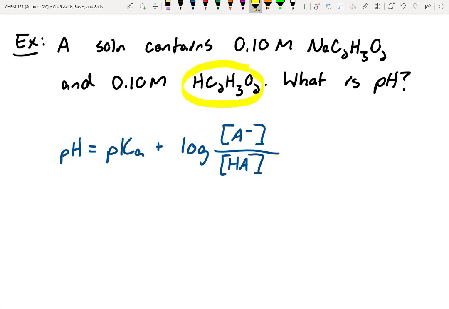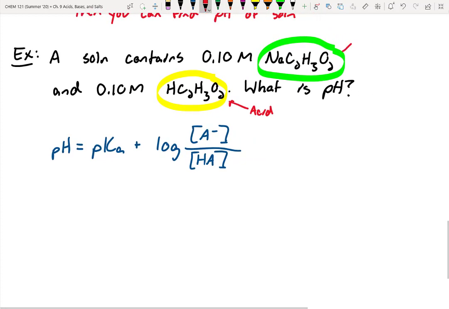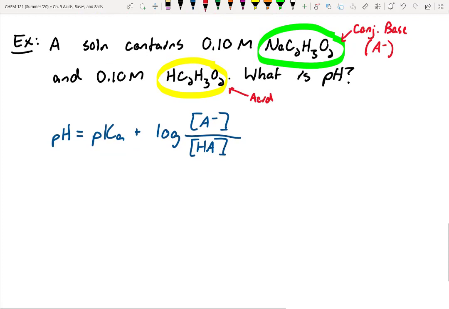Well, in this case, this right here is going to be my acid, and this over here must be my conjugate base. Another way of thinking about this is we're going to call this A minus, right? The question is, what about the sodium? Doesn't that have a positive charge? Well, in this case, sodium's just acting as a spectator ion.